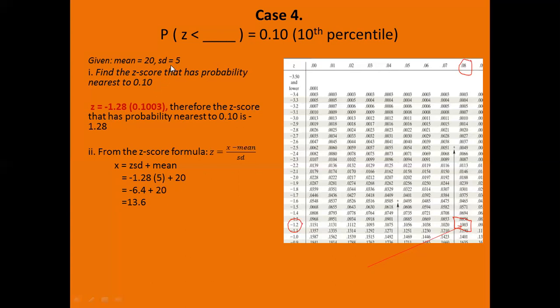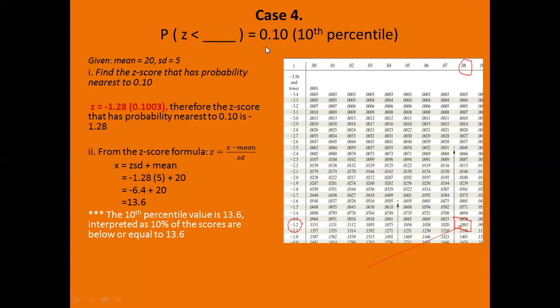Suppose that is the given standard deviation, plus your mean of 20. Again, these are given. So just do the necessary operation. Then your x would be 13.6. Okay? So this is the final value. So the 10th percentile value is 13.6, meaning 10% of the scores are below or equal to 13.6. Take note, we're looking for the standard score na less than, which has a probability of 0.10.